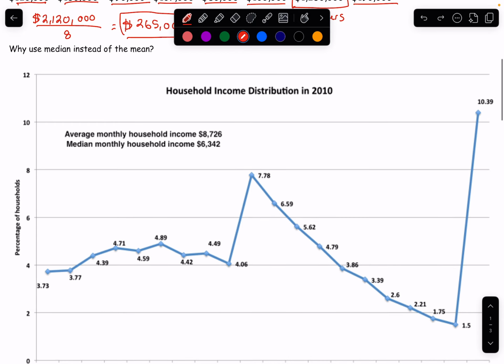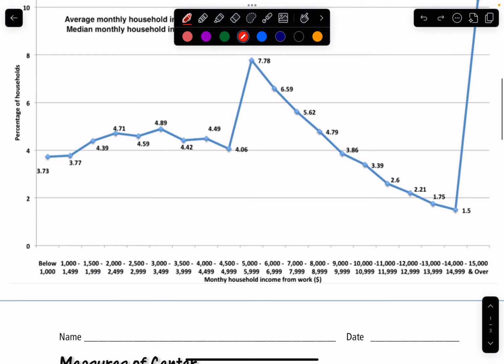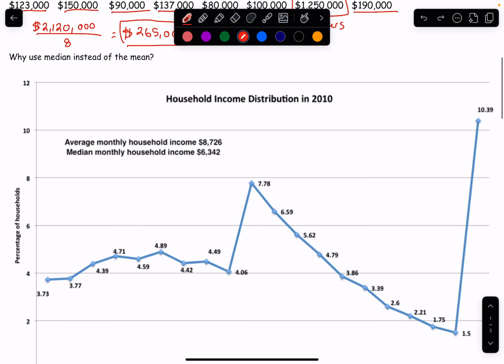Here's another example of why the average might be misleading. So here's a diagram of household income in 2010, okay? So this is the average monthly household income. I don't know where this diagram came from. I don't remember. I don't know if this is for the whole country or just certain parts of the country, but these values are how much money people make in a month.